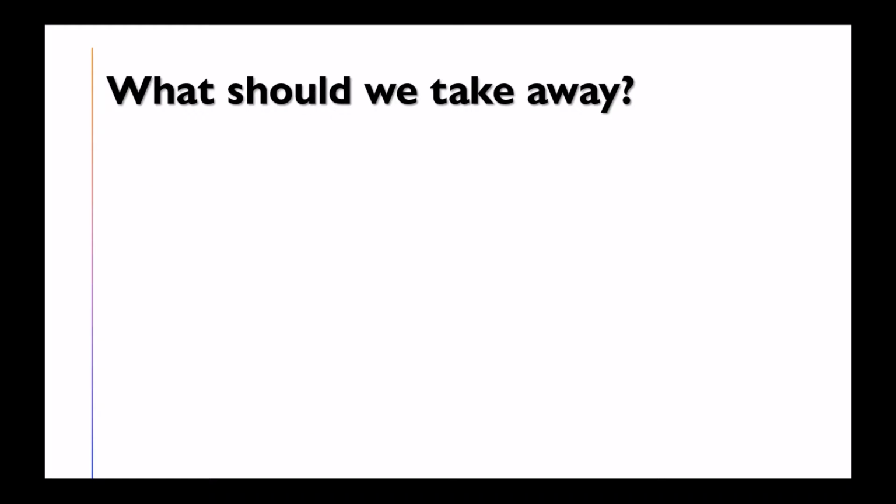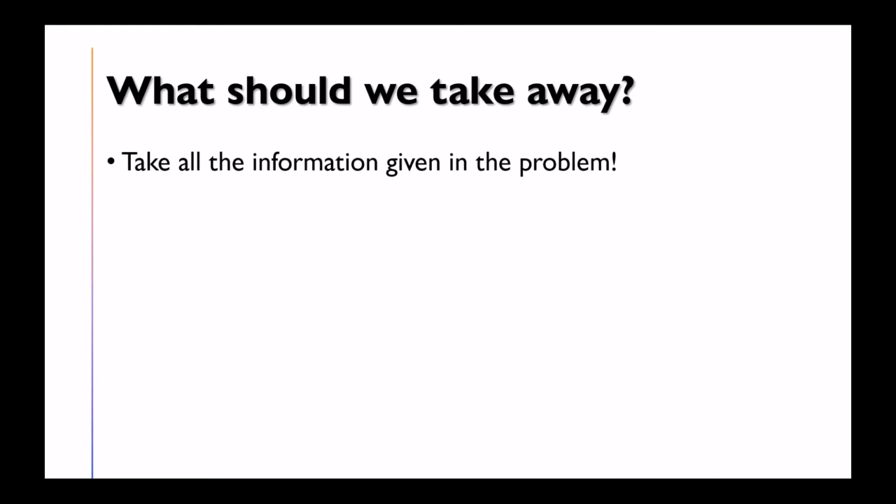So what should we take away from this problem? Take all the information given in the problem. As we focused in this problem, I highlighted several parts of the problem in every slide to focus on what we need to think about, like the multiples of 75.